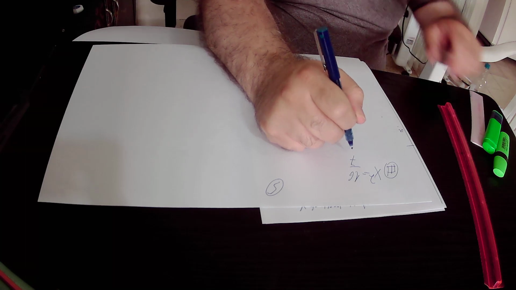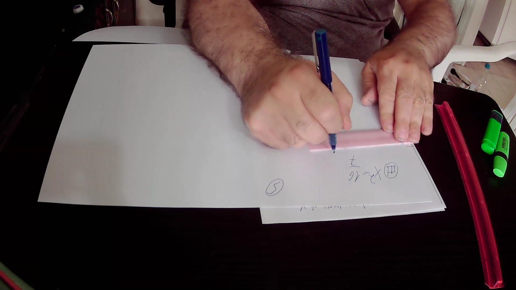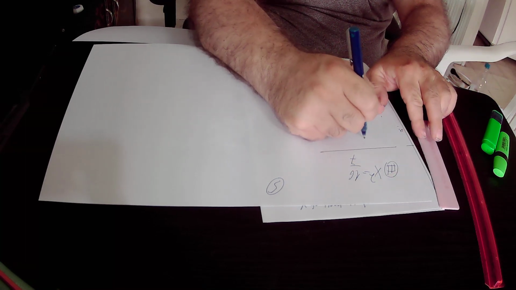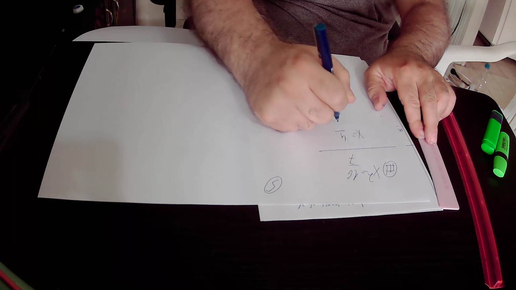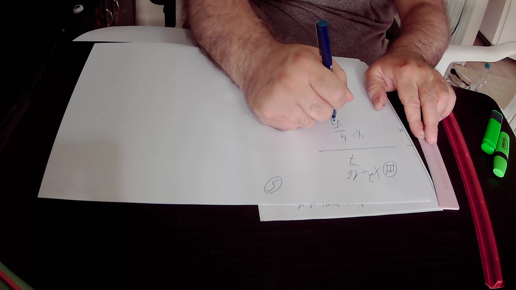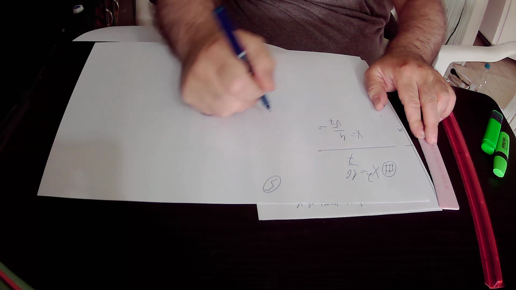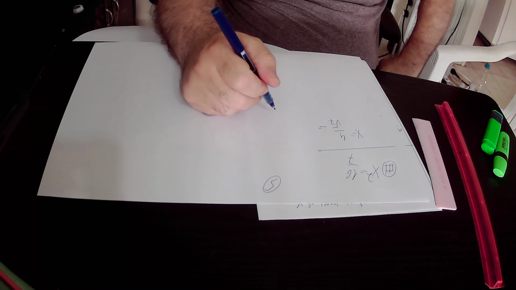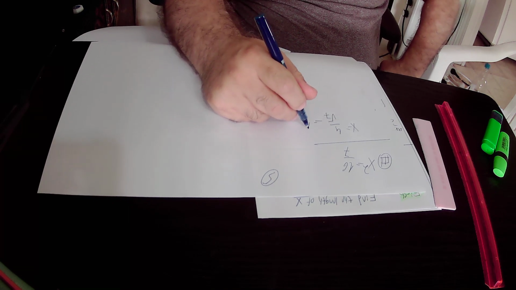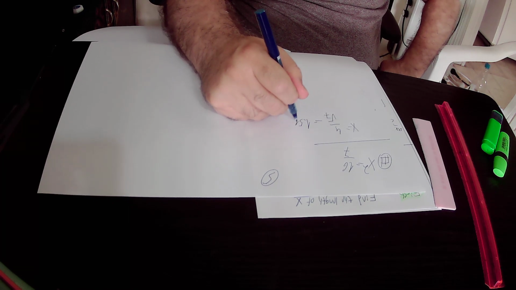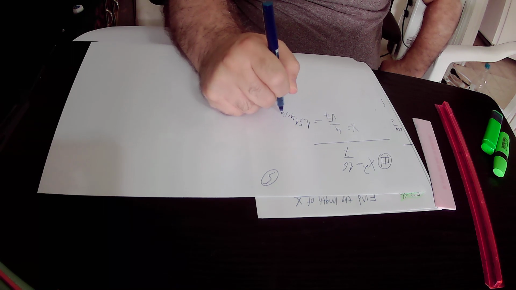We take the square root of this equation, equation number 3, and we get that x equals the square root of 16, which is 4, over square root of 7. So here we actually found out that x equals 4 over square root of 7 units, or in terms of numbers it is equal to 1.51 units.